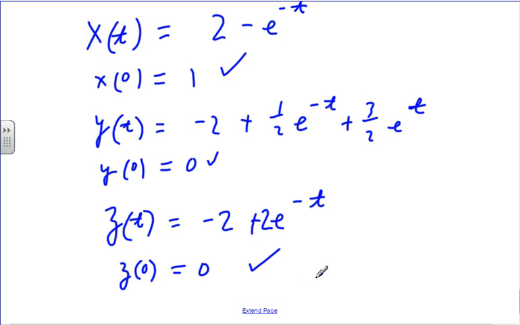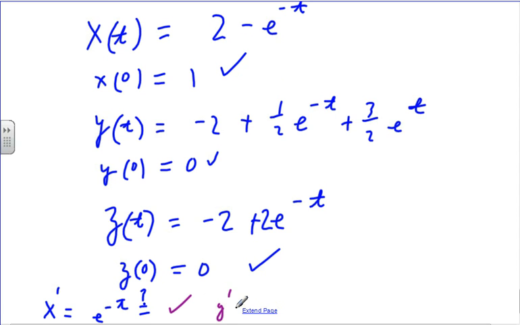All right. We're working problem 16, x prime. Okay, so x prime is going to be e to the minus t. That's supposed to equal x plus z. X plus z, check. Okay.